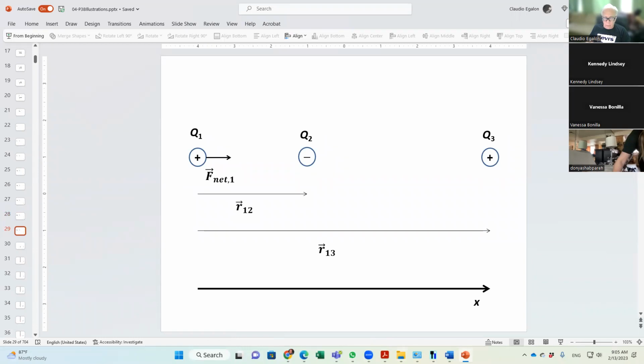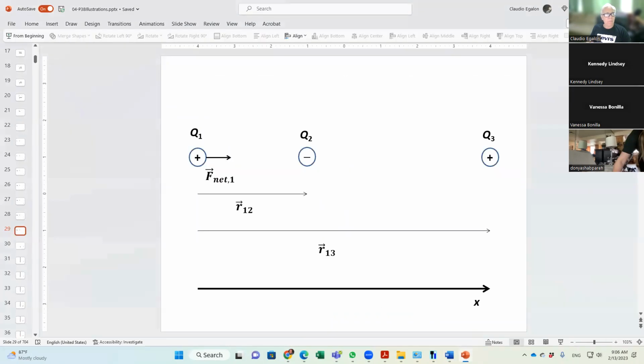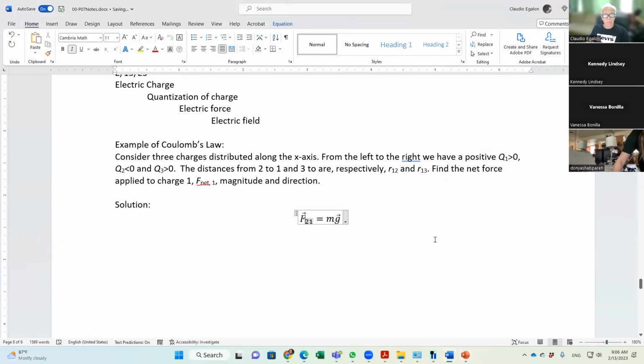So if that's the net force, what do we write? Let's go back to my notes. Force of 2 applied to 1. I'm going to write that down in vectorial way. So it's going to be Q1 Q2 divided by R12.